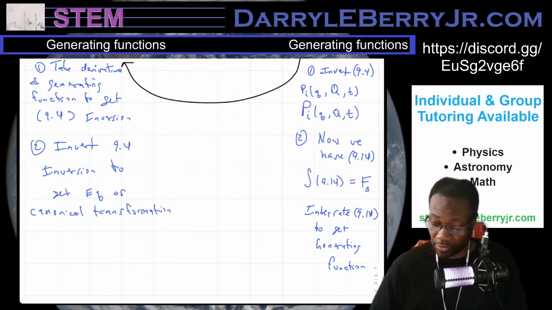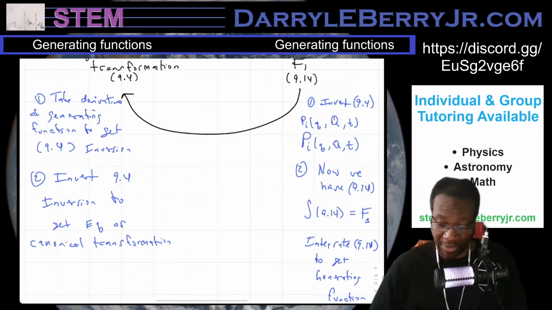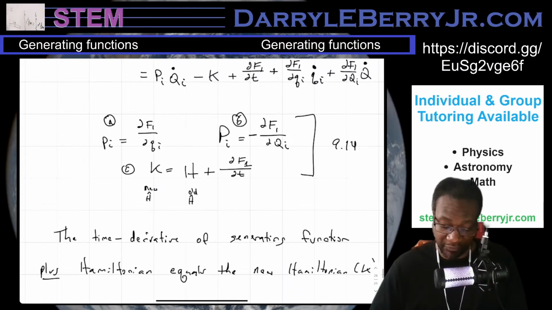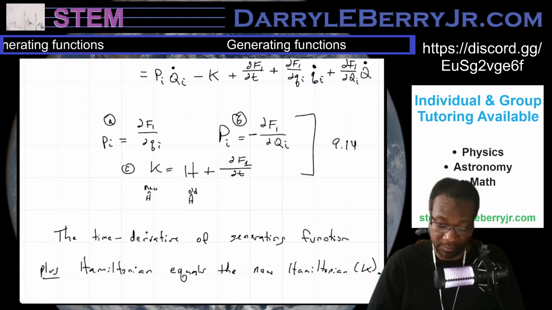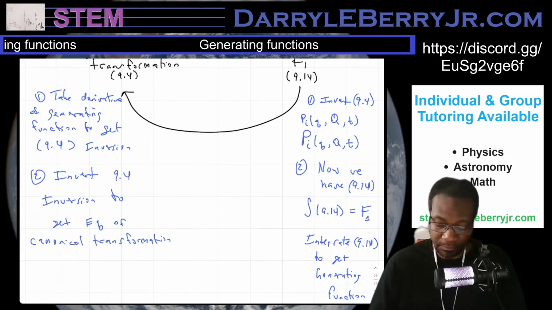Now we integrate the 9.14 equations. That should give us the generating function F1 or F however many. Then we can take the partial derivative of F1 with respect to t, add it to the original Hamiltonian and get the new Hamiltonian in the new system.